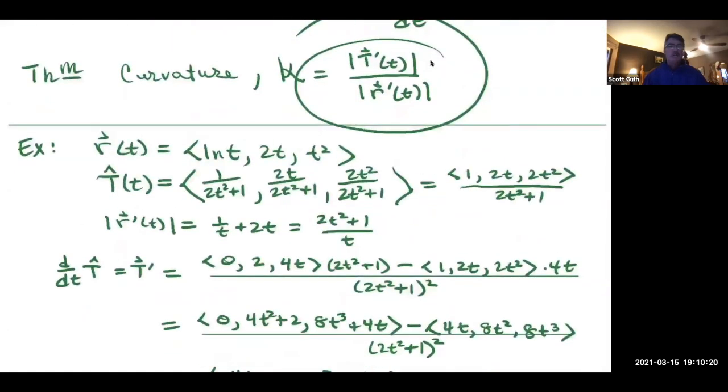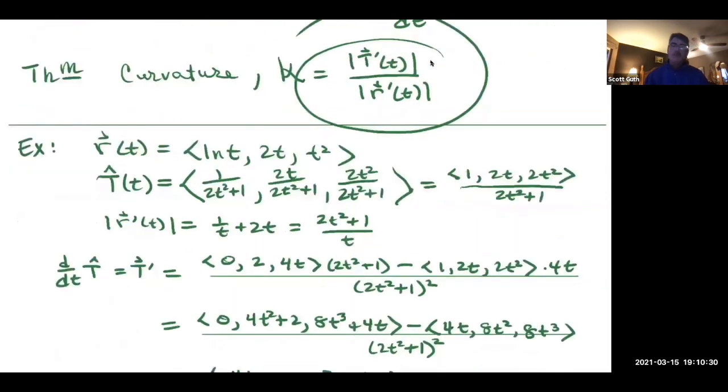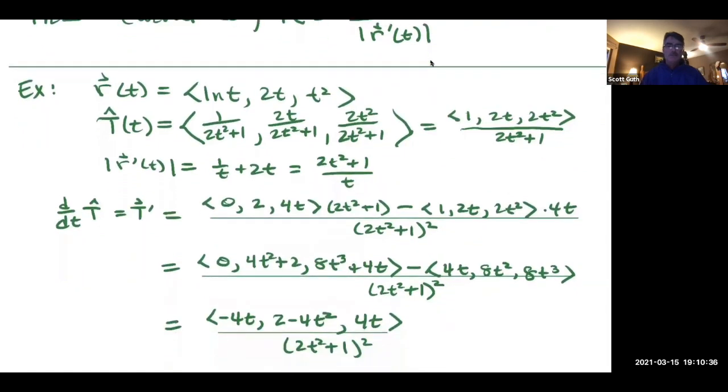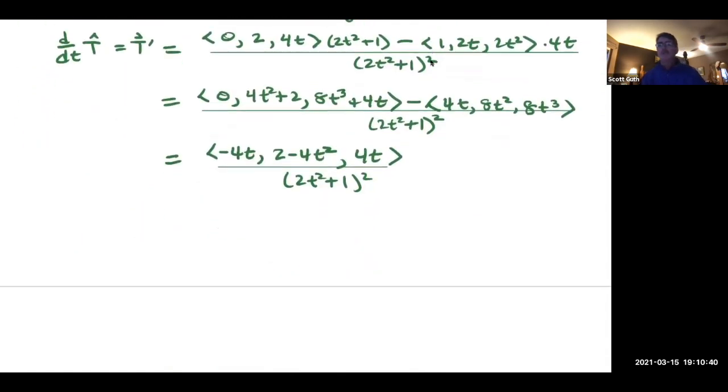Still super choppy. Okay, what I had said was I just circled this thing. We have to take the magnitude of this T prime of t. Okay, so let's see if I can get this to work. It's going really slow. Might be time for a break pretty soon.